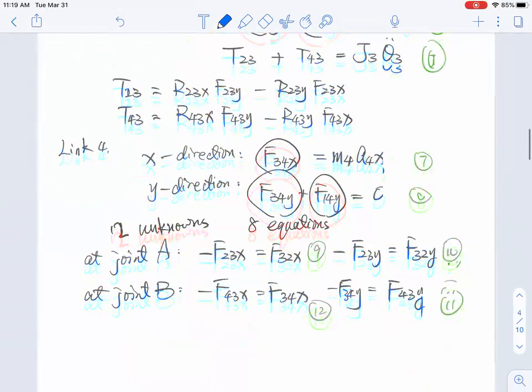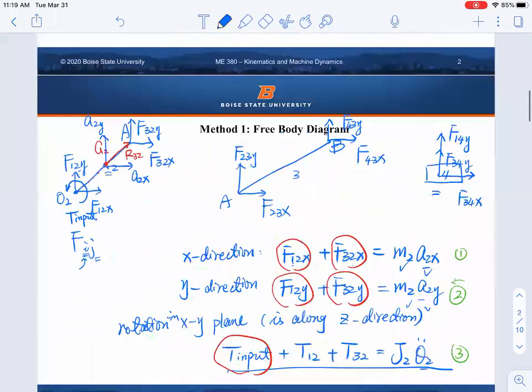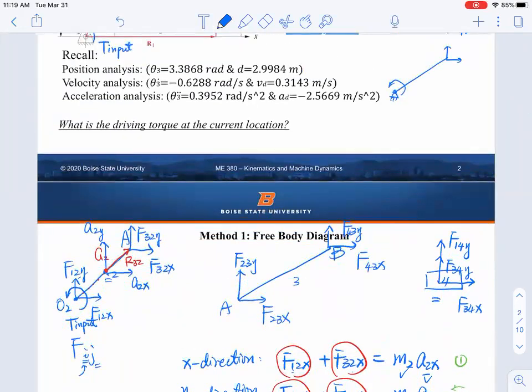Let's go back to the very first equation. Along the y direction, F3y equals F1y. So there is a normal force introduced by F3y. If you look at here, that means the coupler link number 3 is going to drag the slider. So the dragging force is going to introduce a normal force.